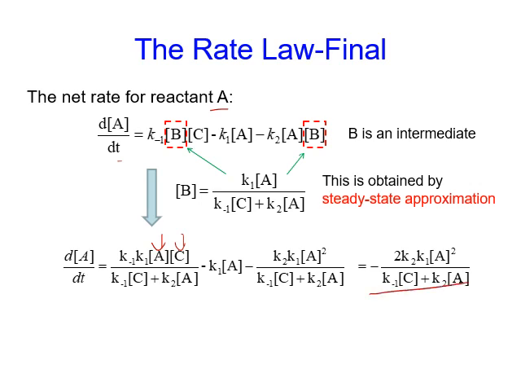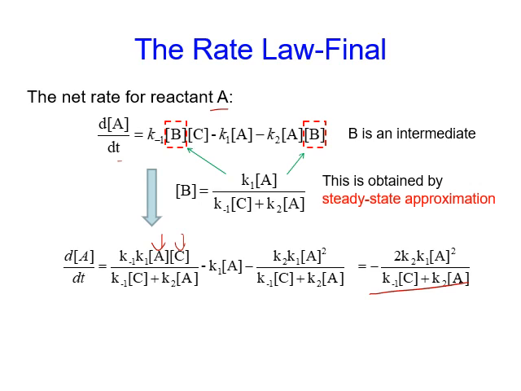Now this rate law is not a first order reaction, nor a second order reaction. It's very common for a complex reaction mechanism to give you a complex rate law. However, under special conditions, this rate law may become simple.